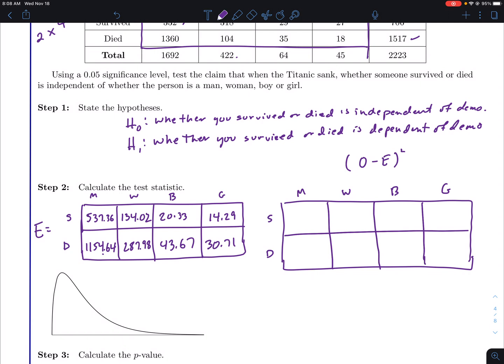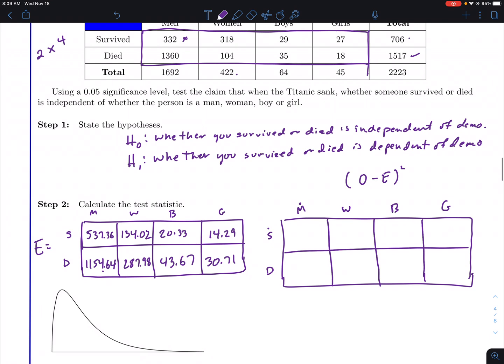So in this first position, the men and the survived, we're going to take the 332 minus the 537.36, and then square it. So we get 332 minus 537.36 squared.